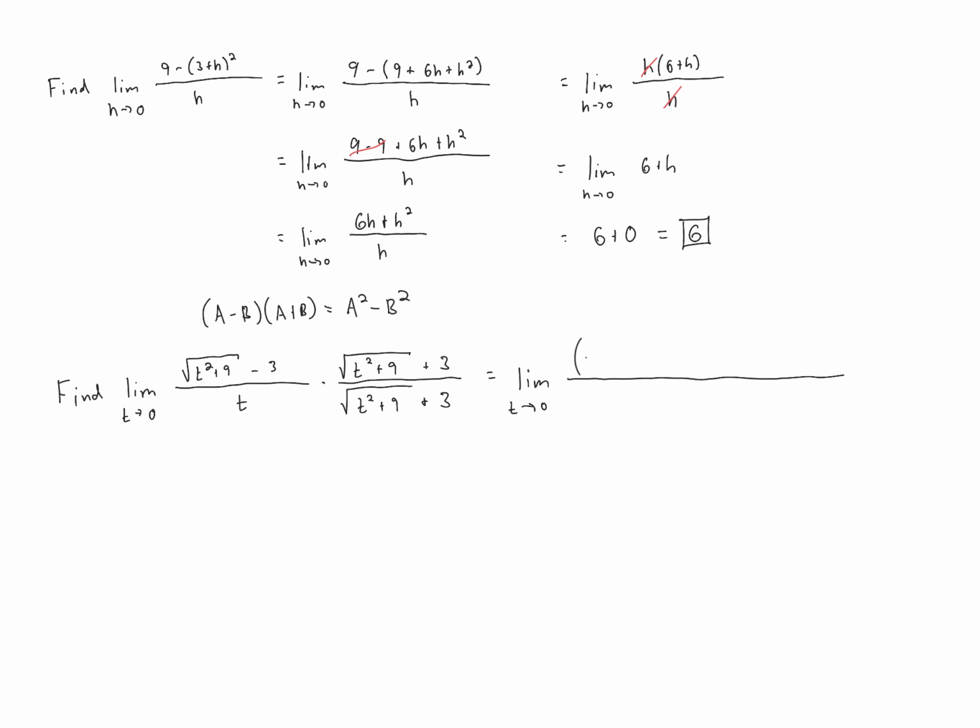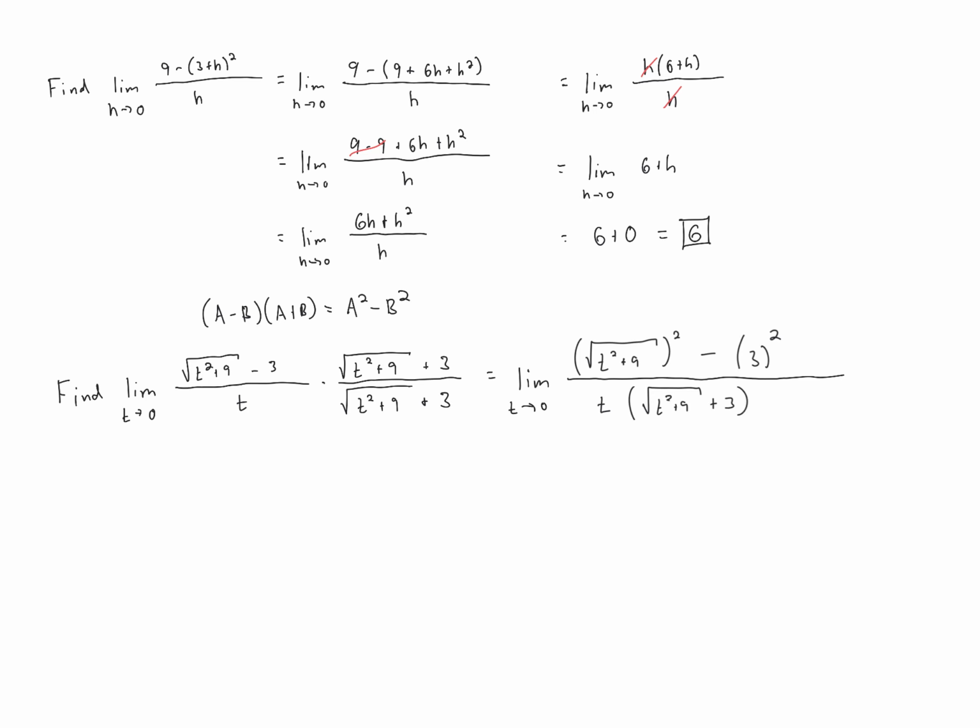So that's going to be the square root of t squared plus 9, squared. And then minus the other thing squared. So that'll be 3 squared. And then that'll all be over t times the square root of t squared plus 9 plus 3.